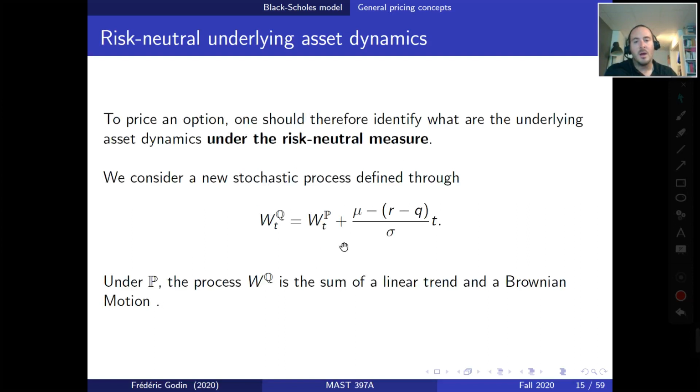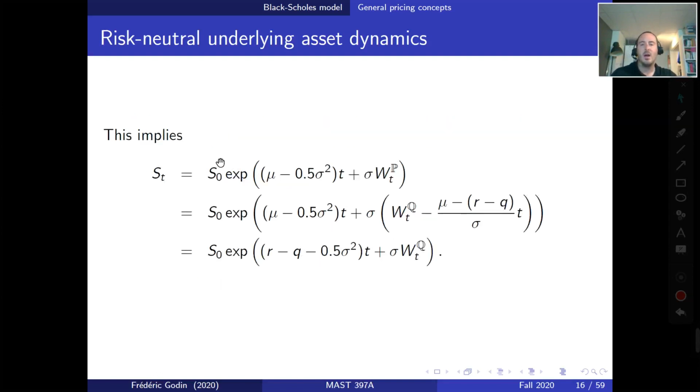Okay, so we'll use this formula to rewrite the dynamics of the risky asset in terms of WQ instead. Okay, so if we go here, the first line here, this is the dynamics of the underlying asset in the Black-Scholes model.